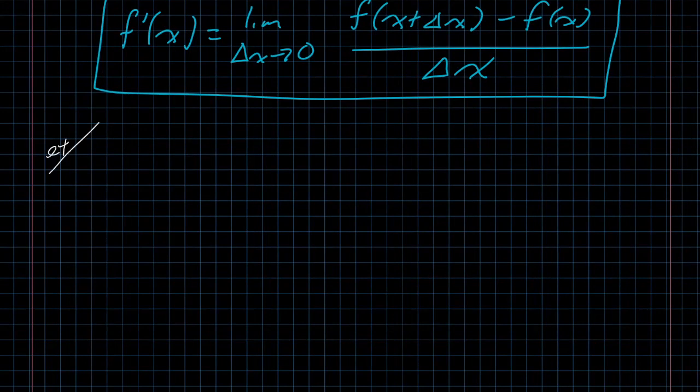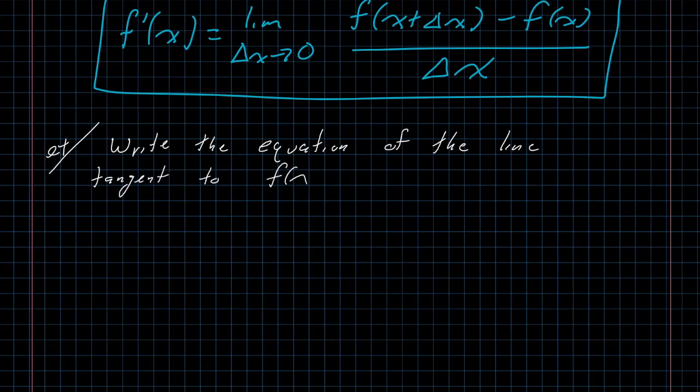For example, if I am looking at writing the equation of the line tangent to the function f of x equals 3x squared minus 4x plus 5 at the point x equals 3.